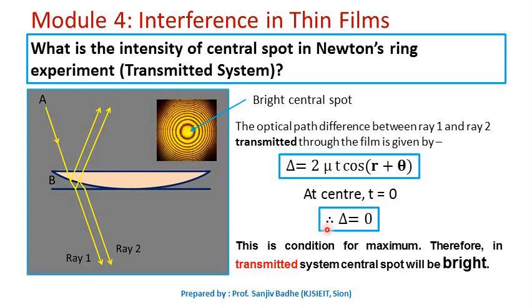So the optical path difference becomes 0, and optical path difference equal to 0 is the condition for maximum, and therefore at the central spot the condition for maximum is satisfied, and so the central spot will appear bright. So when you look at the interference pattern in the transmitted system, the central spot will appear bright.